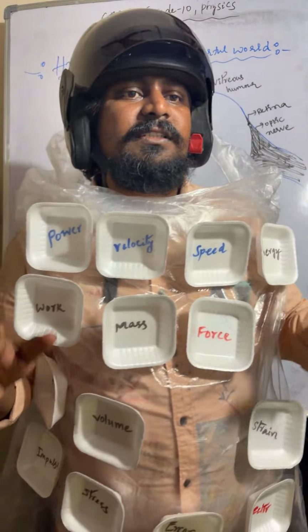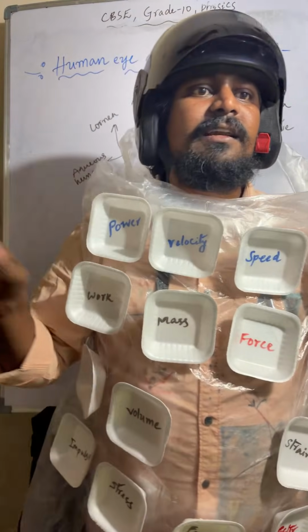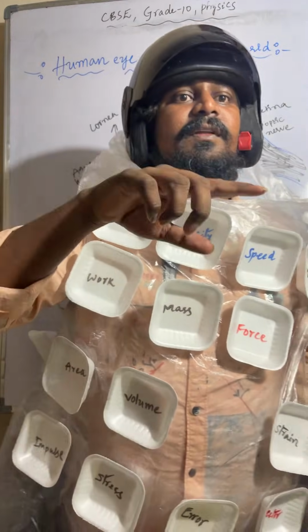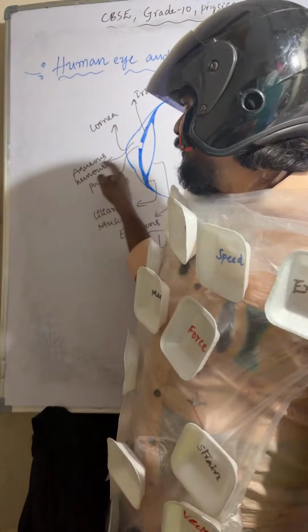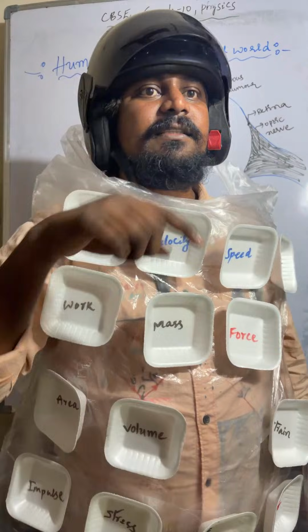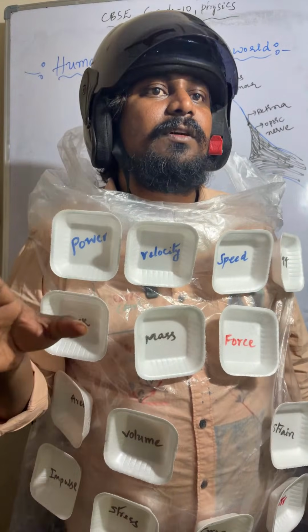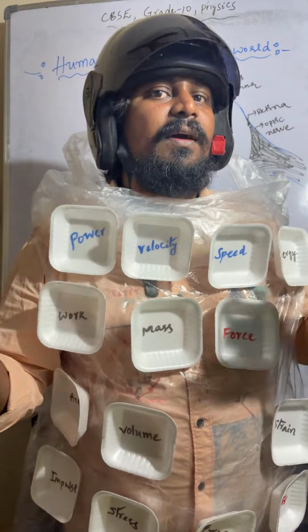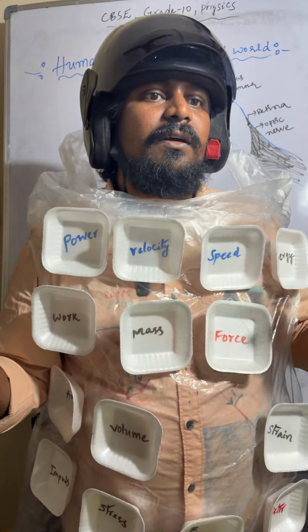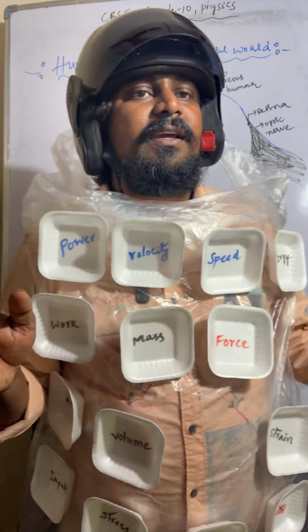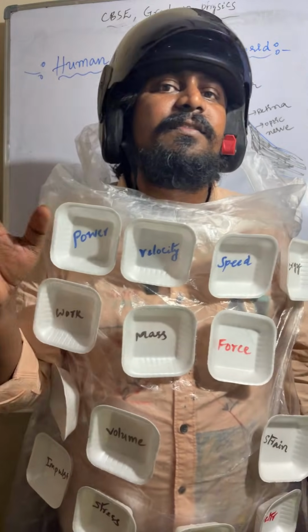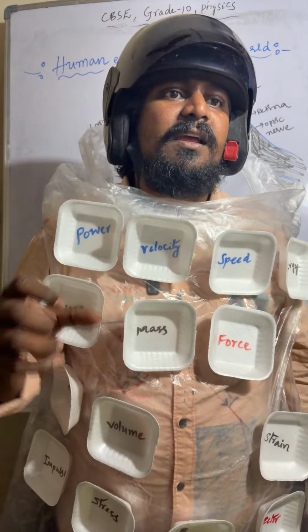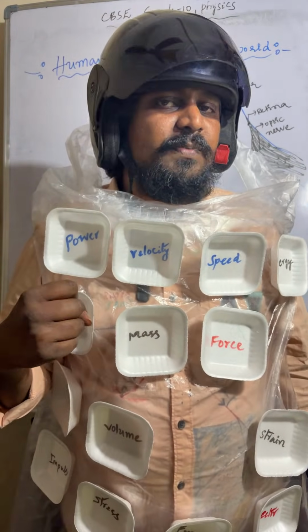Most of the refraction takes place here. It is the central part, a thick layer at the center. It provides blood circulation. So cornea is the front protective layer of the eye, where most of the refraction takes place.